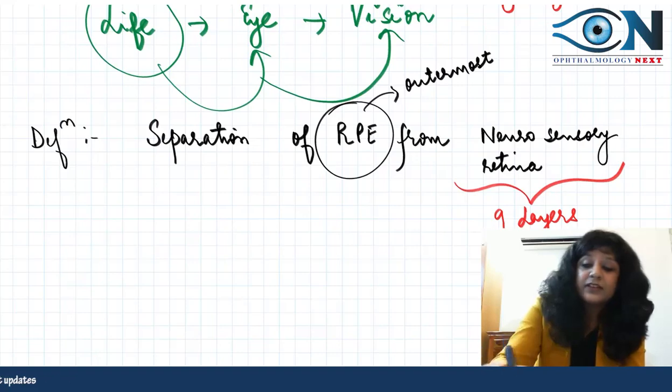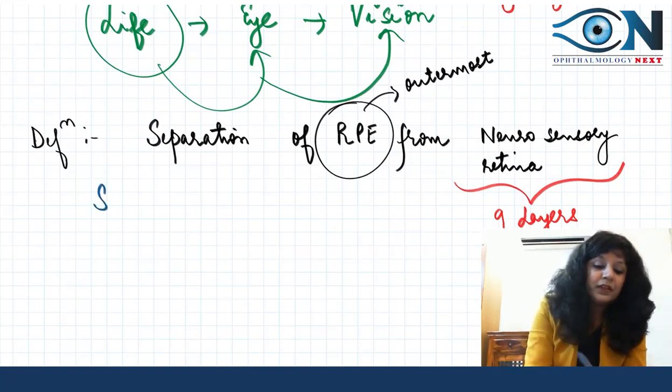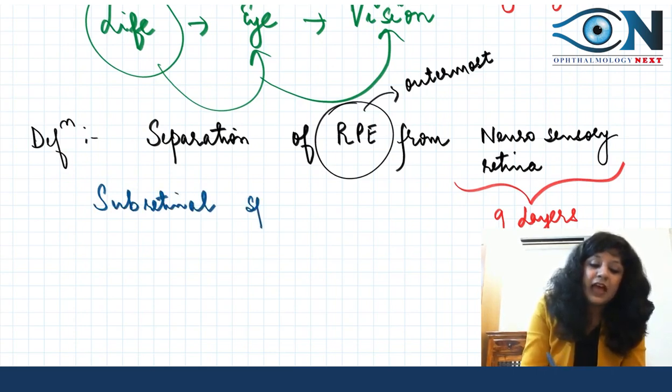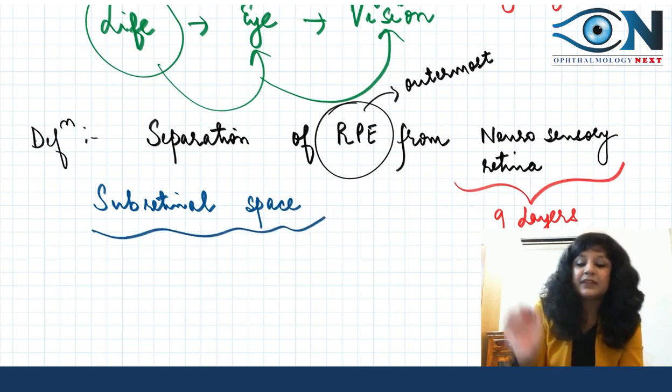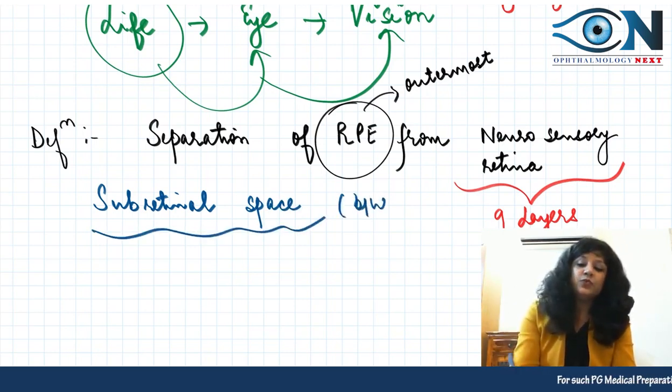And what is the thing that we always draw in between them? We have the subretinal space between the 2 layers.